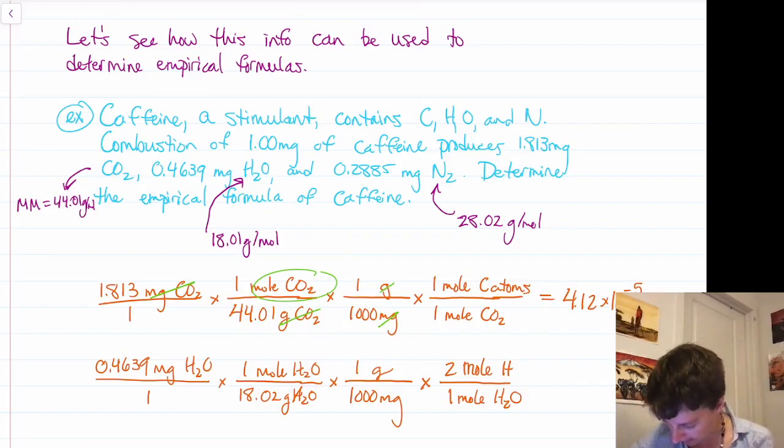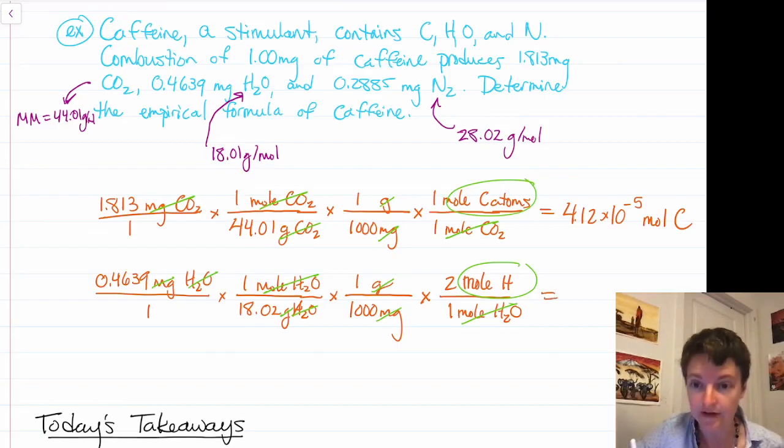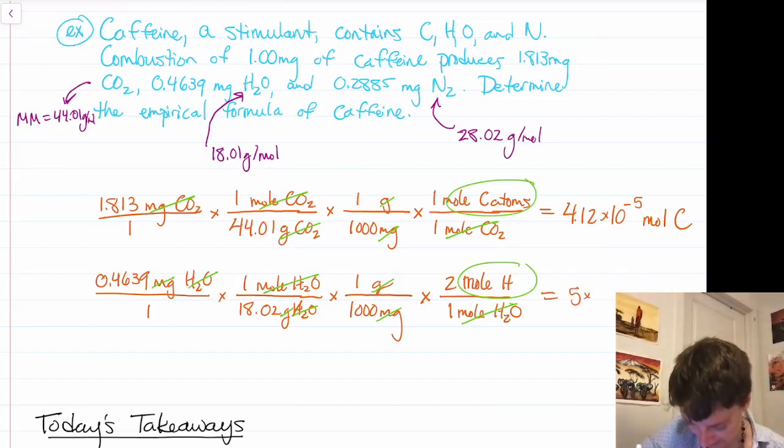I'll do a quick unit check and notice for myself that we're currently in our water canceling out, milligrams canceling with milligrams, grams with grams, moles of water with moles of water, and I'm left with moles of hydrogen atoms. So again, once I plug this into my calculator, that's going to help me determine that I have 5.15 times 10 to the negative 5th moles of hydrogen.